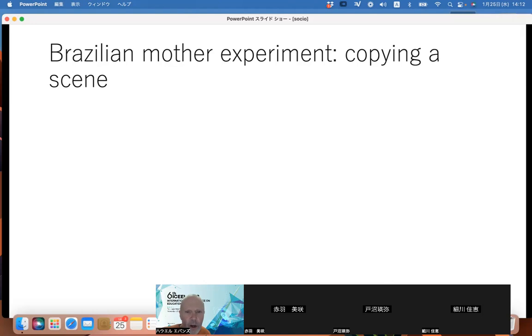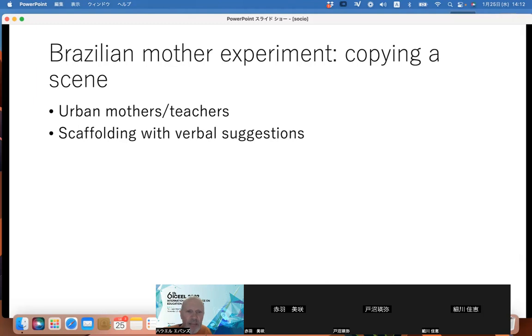The activity was to copy a scene, as a picture, and they have to copy it. And the urban mothers, who act as teachers in this case, scaffolded it with verbal suggestions.